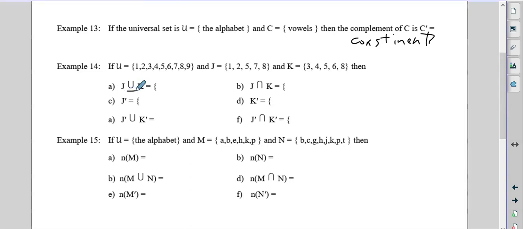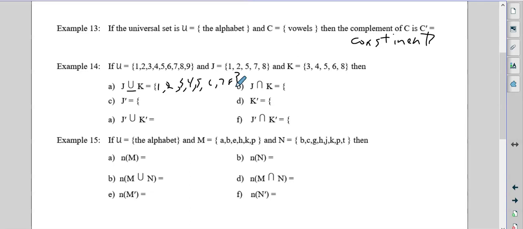The union of J and K would be 1, 2, 3, 4, 5, 6, 7, 8. So it's all the numbers in J and all the numbers in K.